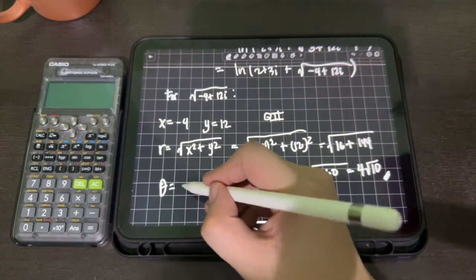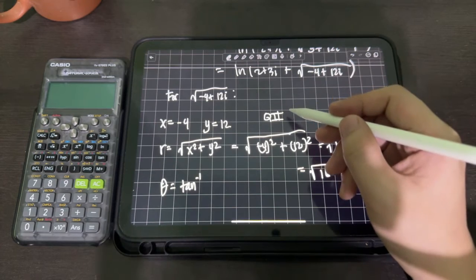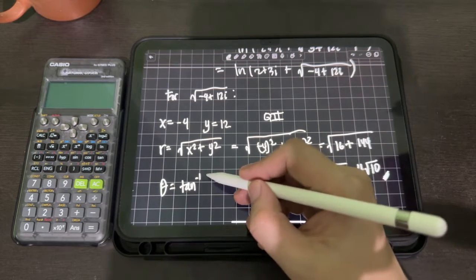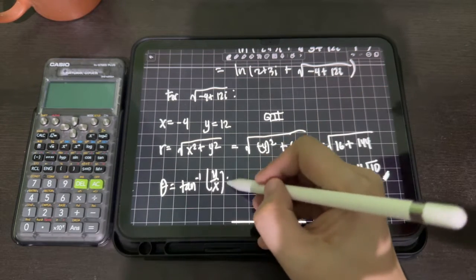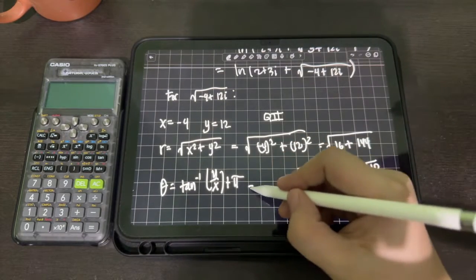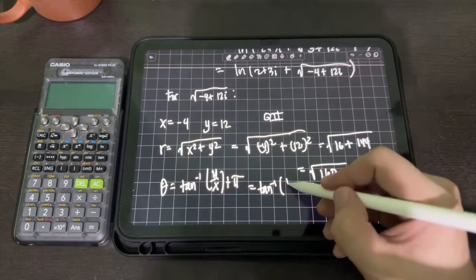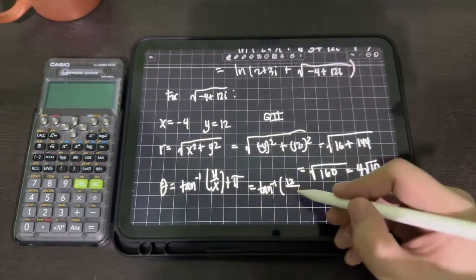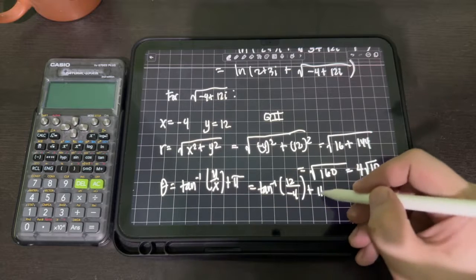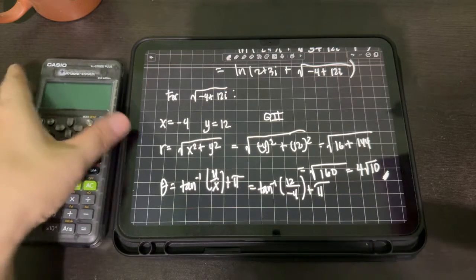How about theta, or the argument? If the complex number is in quadrant 2, the formula for theta is arctangent of y over x plus pi, right? Substituting the values, we have arctan of y, which is 12, divided by x, negative 4, plus pi. You can use your calculator.